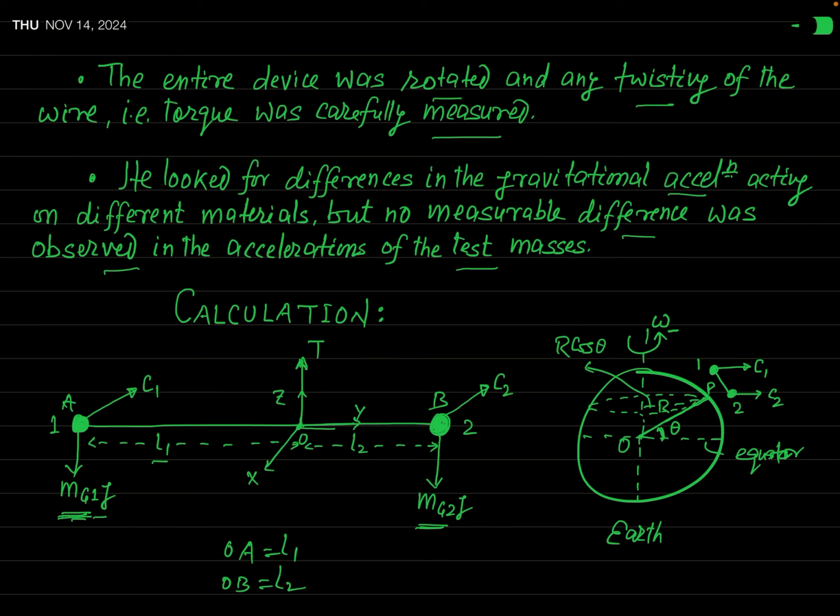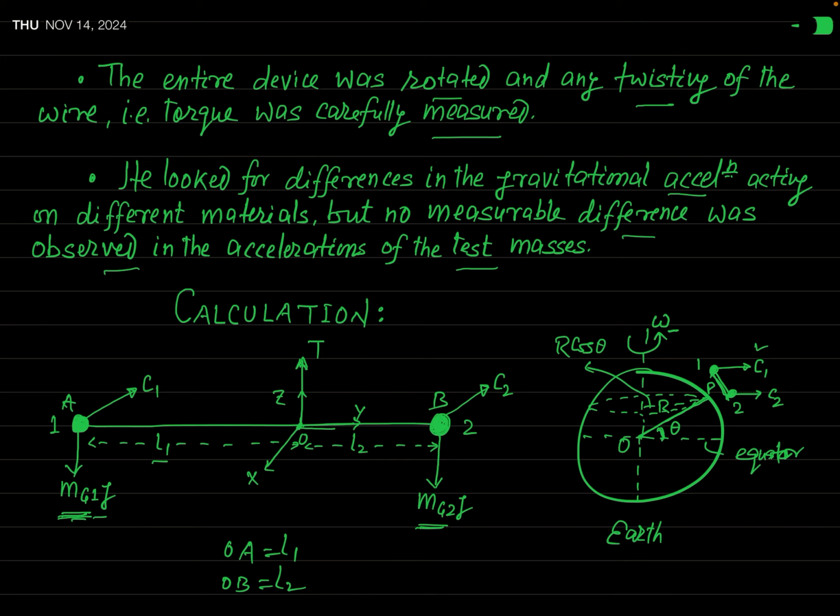Now consider that C1 is the centrifugal force acting on the first mass, and C2 is the centrifugal force acting on the second mass. Since the radius capital R of the Earth is very large in comparison to the length of this rod, we can treat both masses as being at the same place at latitude theta.